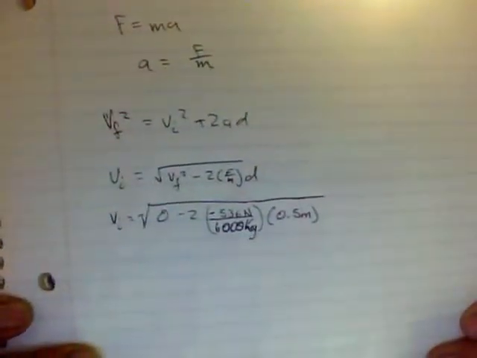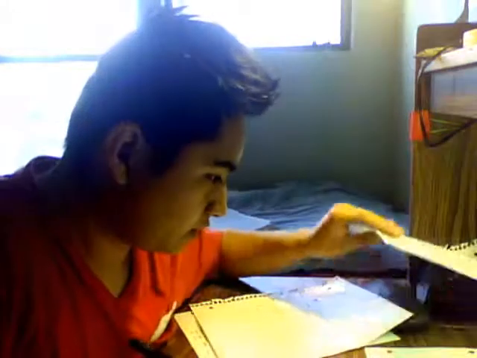So your equation should look like that once you plug in all your values. And that should get you an initial velocity of 0.299 meters per second.